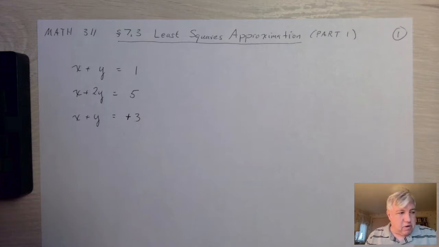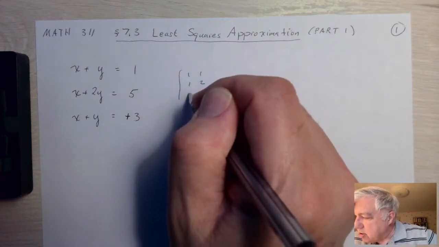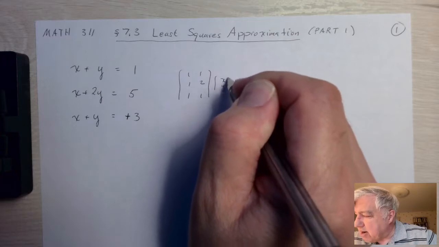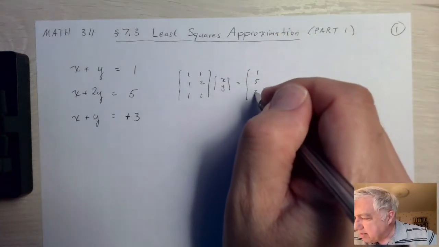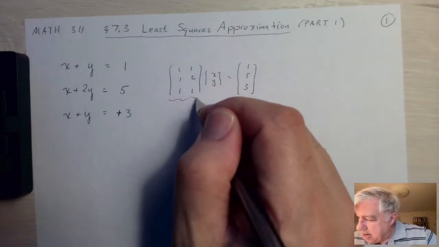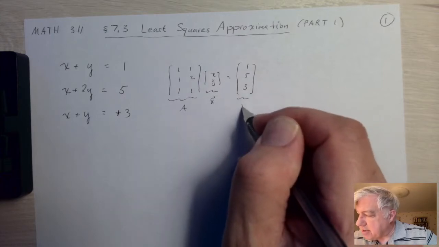Well, first of all, we can still write this as a matrix equation, right? We can write this as the matrix with rows 1, 1; 1, 2; 1, 1, times the variable vector x, y, is equal to the vector 1, 5, 3. If we call this matrix A, we can call this vector x bar, and we can call this b.